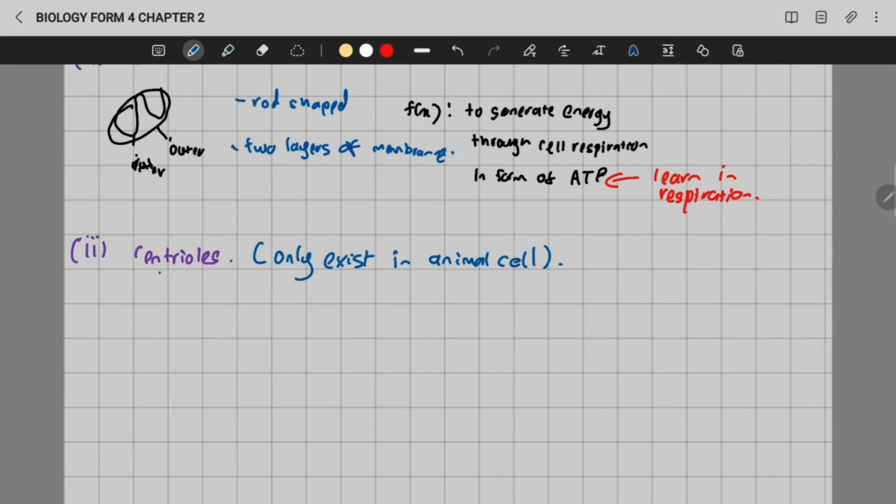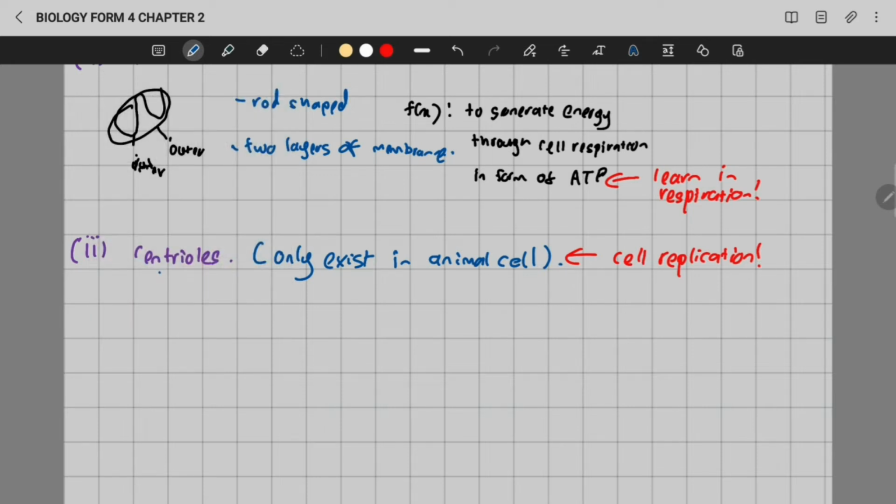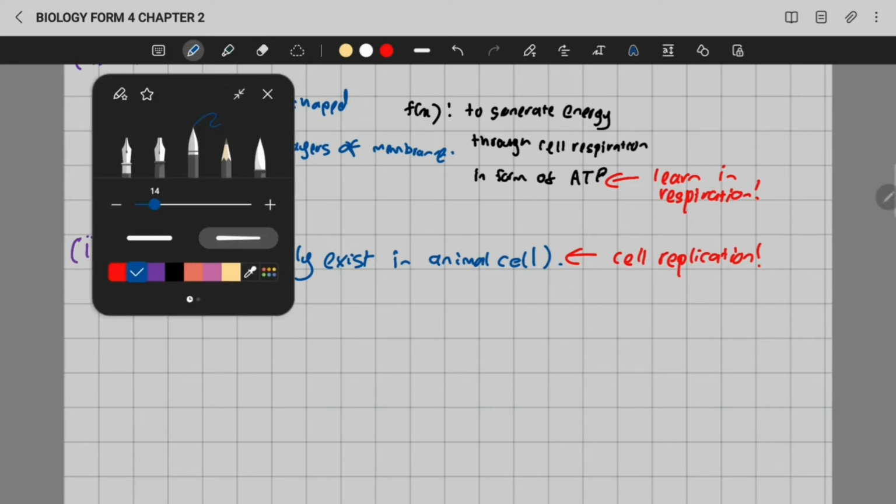Here you will learn in cell replication. This topic is like the mother of all topics of biology. So give it your 100% attention, master this topic, and I can assure you that you will conquer this subject.